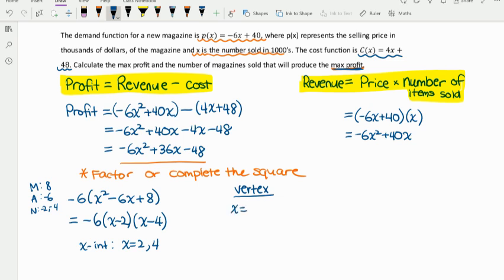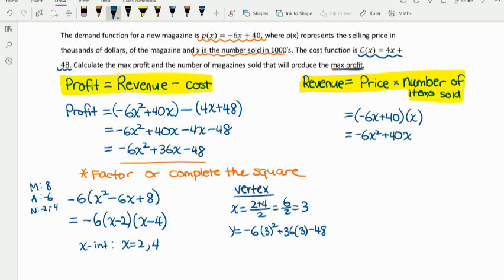So if you want to find the midpoint or the average, you take the 2 and the 4 and then divide it by 2. So 6 divided by 2 is 3. Plug it into your function, so negative 6 times 3 squared plus 36 times 3 minus 48.